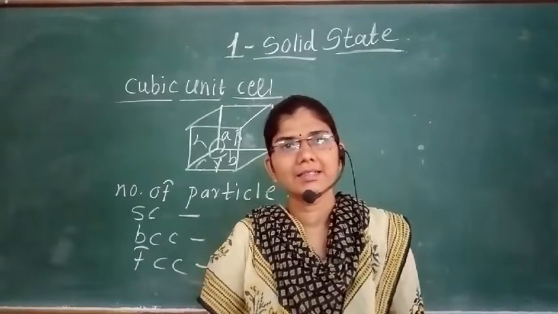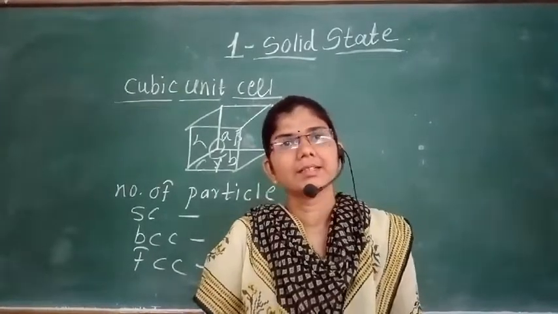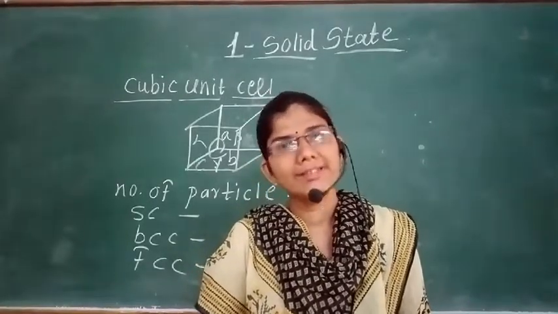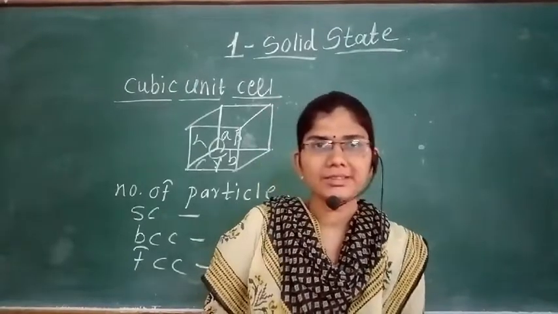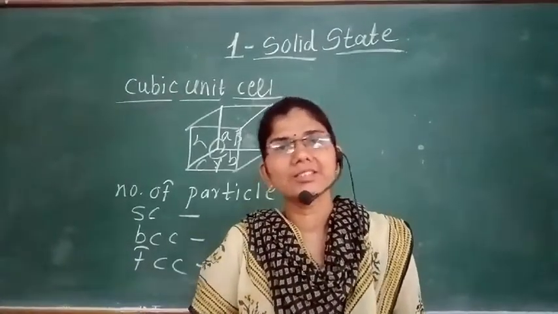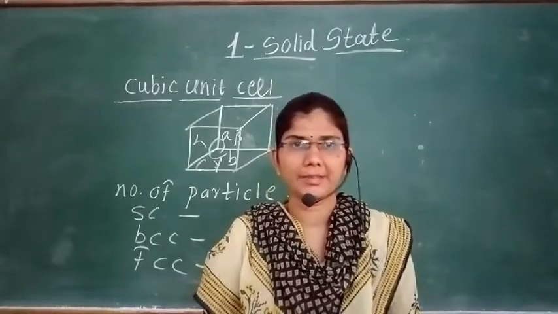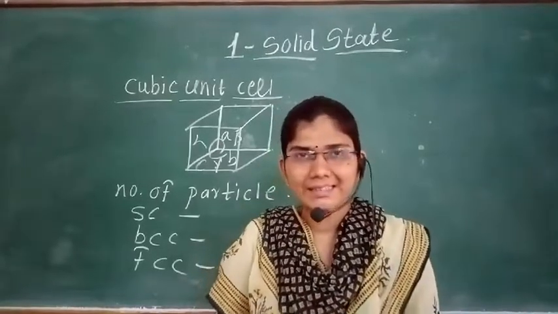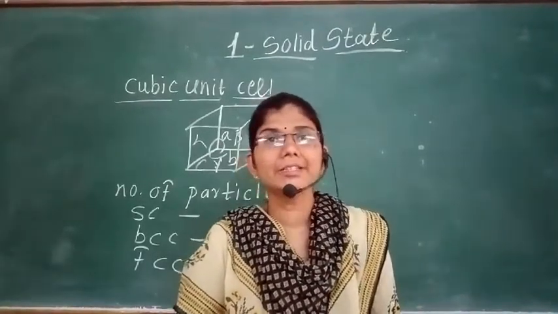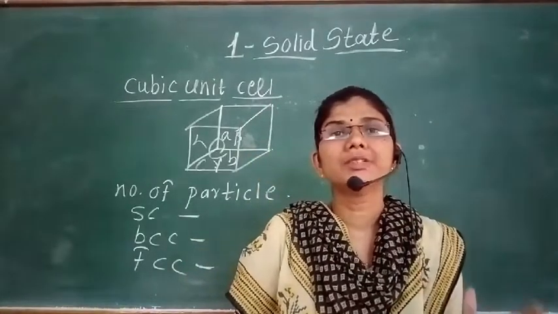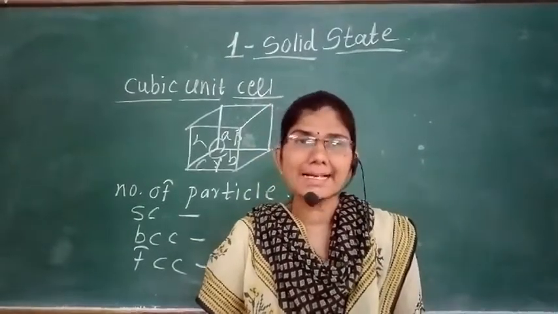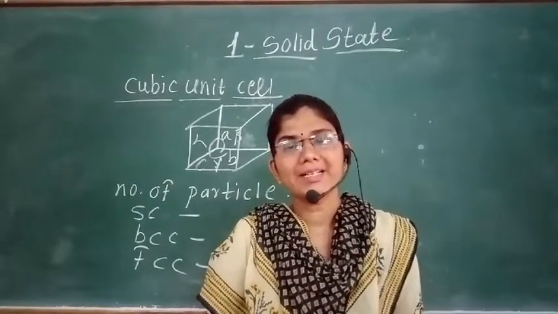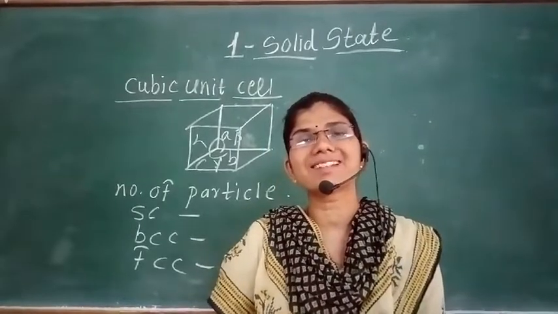They are the cubic unit cell, tetragonal unit cell, hexagonal unit cell, monoclinic unit cell, rhombohedral unit cell, triclinic unit cell, and orthorhombic unit cell. So the 14 Bravais lattices are divided into 7 types of unit cell, and as we know, a unit cell is the basic repeating structural unit of a crystalline solid.